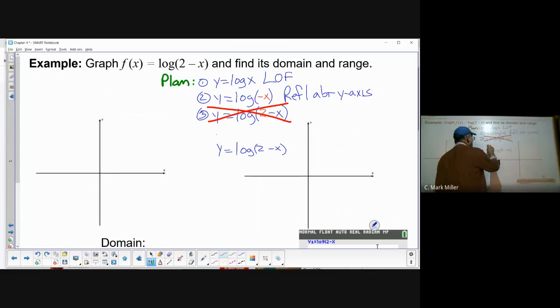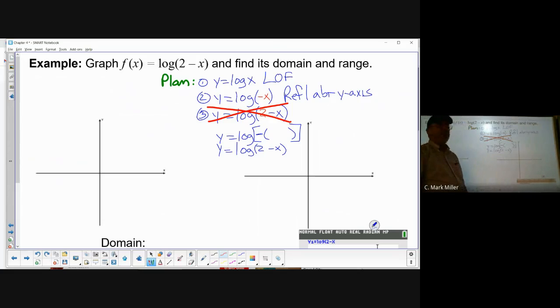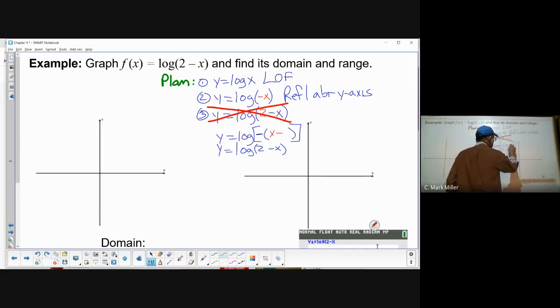So right now, I have y equals log of negative of something. I'm going to see the negative stays there. I'm substituting in for x. What do I have to substitute in for x so that when I take the negative of it, I get 2 minus x? That is x minus 2.